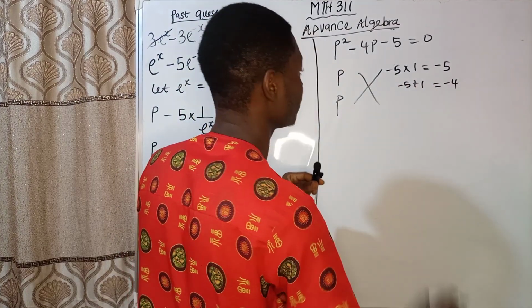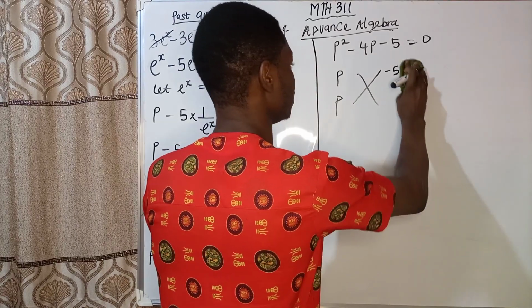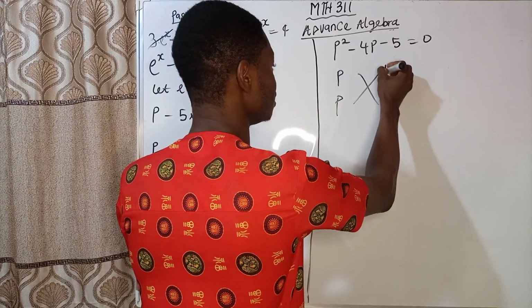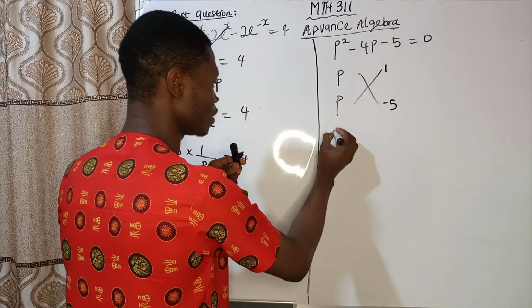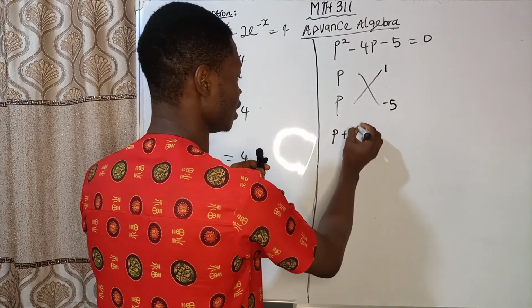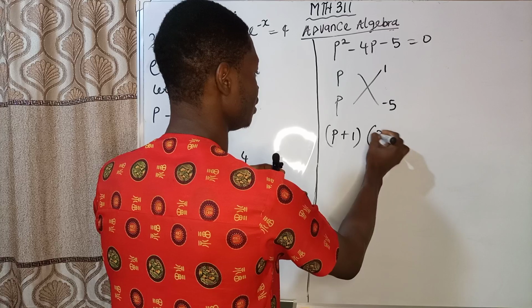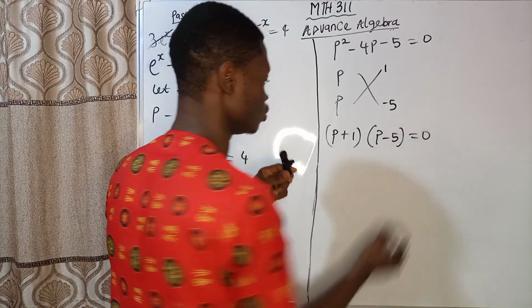So the factors are minus 5 and 1. So p plus 1 and p minus 5 equals 0.